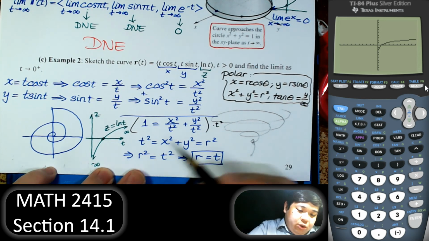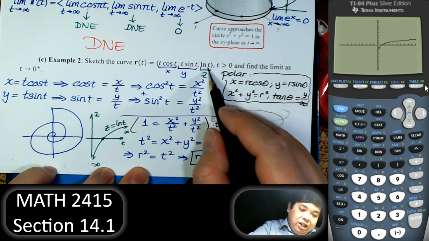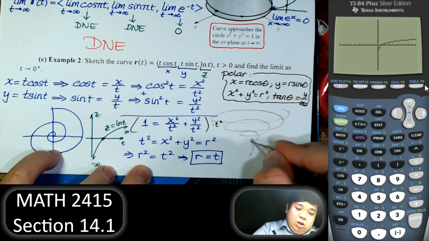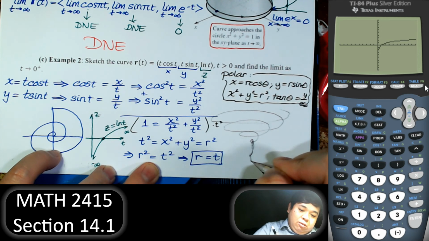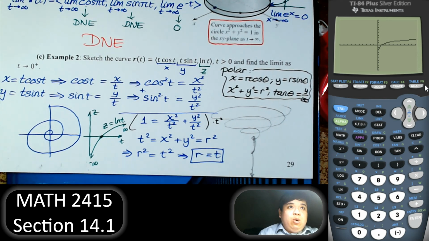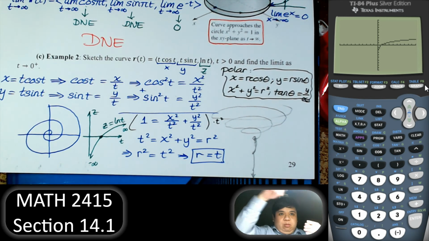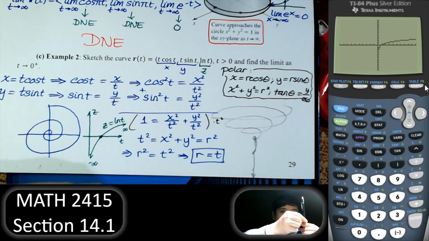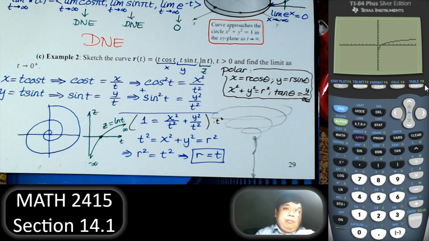When t goes to 0, z goes to negative infinity. So essentially, it's just like a tornado, and this is the limit when t goes to 0. So we have a tornado when t goes to infinity, just getting further away from the center and higher up.